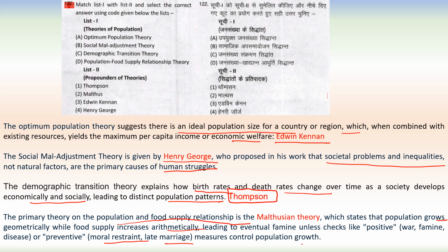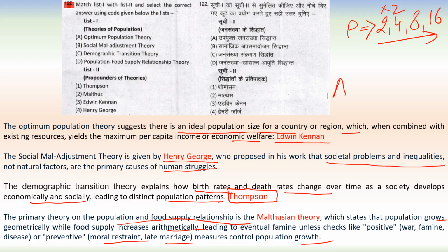So Malthus said that the population grows geometrically. One pattern I am showing you: 2, 4, then 8, then 16. You can see there is a common multiplier. So this is geometric progression.